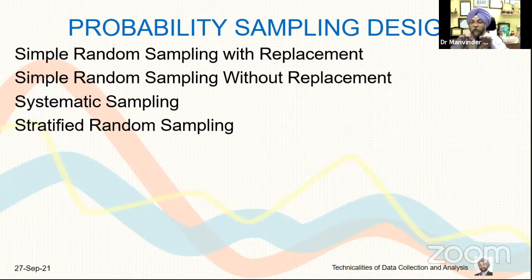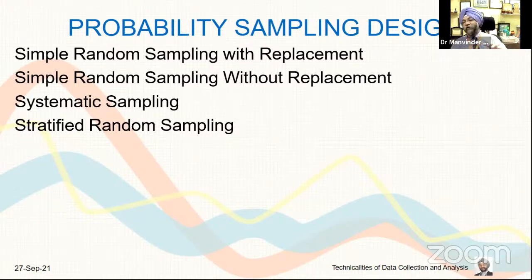But if I have divided them into strata, and now I am taking the random sampling out of the strata, I can ensure that the number of males and females will be on the basis of the proportion of the strata in the sample. Okay, so that is the stratified random sampling.